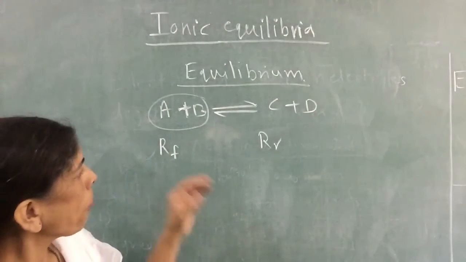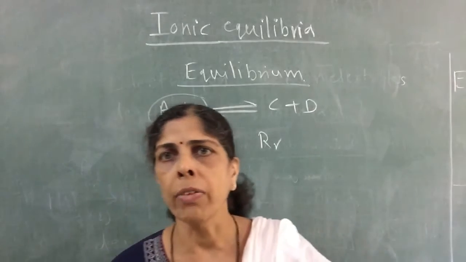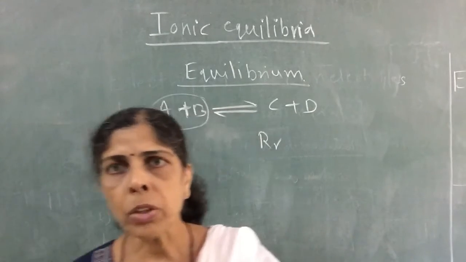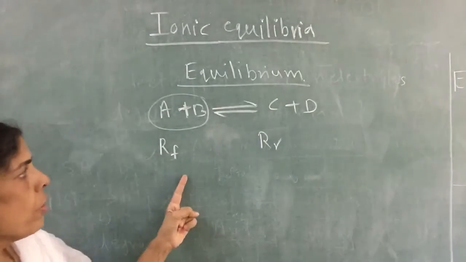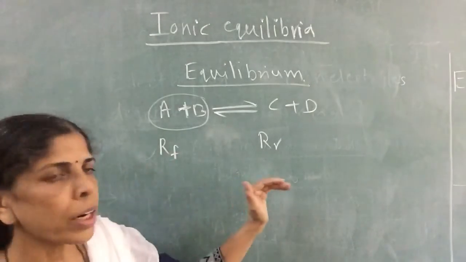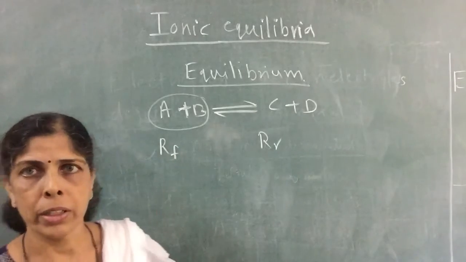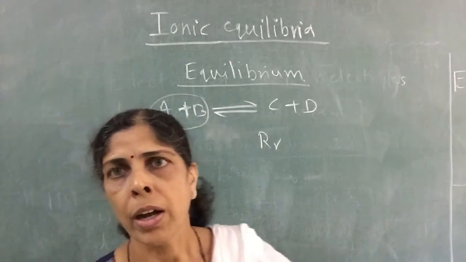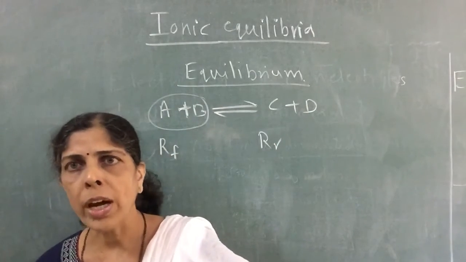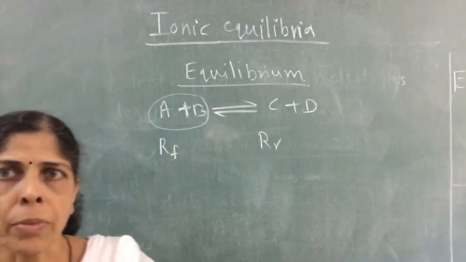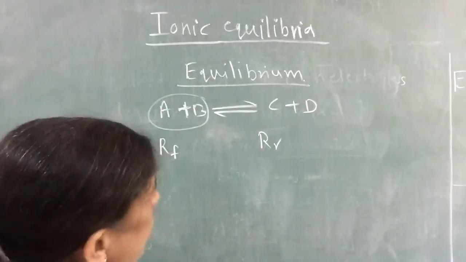The time will come when the rate of forward reaction and the rate of reverse reaction become equal, and that particular point in a reversible chemical reaction is the equilibrium point. When the same concept is applied for reactions in which ions are formed, that becomes ionic equilibrium.